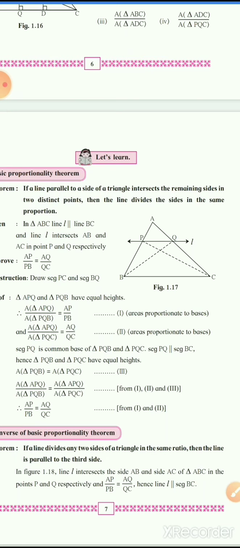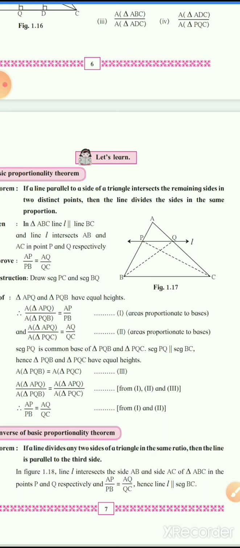Okay, and line L also intersects the remaining sides in two distinct points, means here line L intersects side AB in point P, and seg AC in point Q, means P and Q are two distinct points.